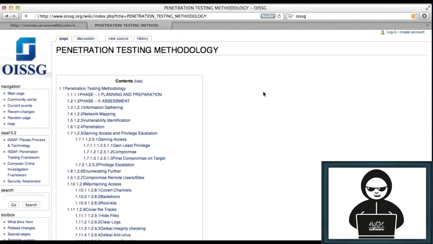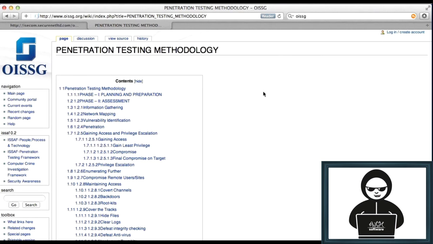Another methodology here is from the OSSG, and this is a penetration testing methodology. You can see here they've got a wiki set up and some similar sorts of things, although this is more targeted at an actual penetration test, where the other one is more geared towards something that's closer to a security assessment, where you're assessing the entire risk posture of the organization and you're doing a full round of security testing.